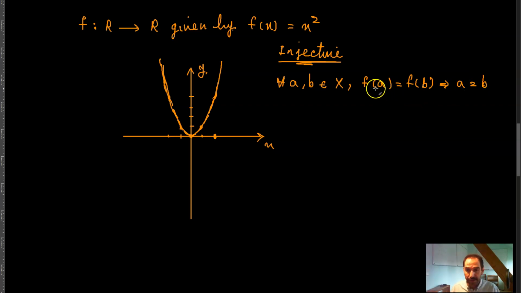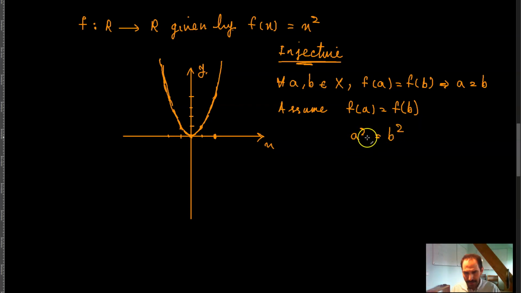Now, let's assume that f of a is equal to f of b, which means that a squared is equal to b squared.